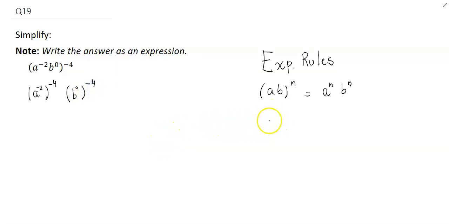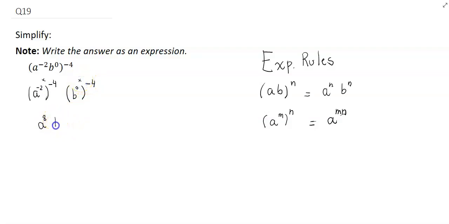Now I have power of a power, so I'm going to use the rule a to the m multiplied by n. I come back here. What is negative 2 times negative 4? Is positive 8. What is 0 times negative 4?